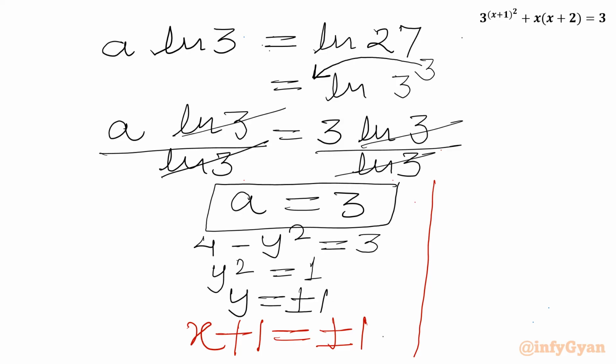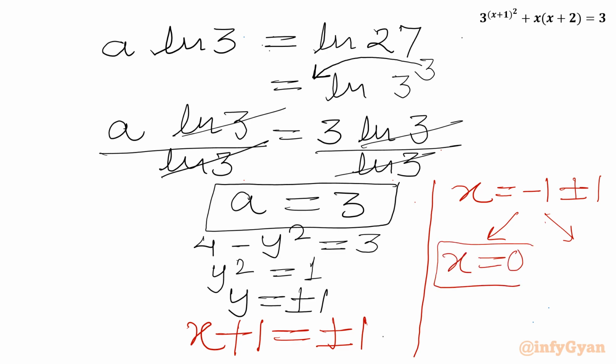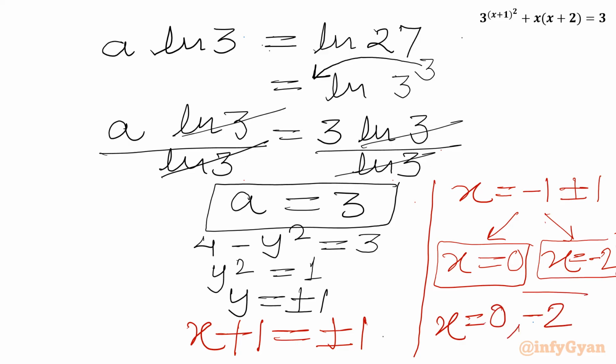So I can write x will be equal to minus 1 plus minus 1. If I consider the plus sign in between, then I will get x equal to 0. And if I write minus 1, then it will give us minus 2. So our solutions are x equal to 0 and negative 2.